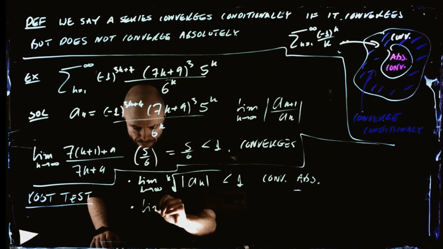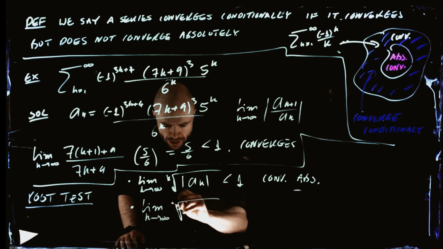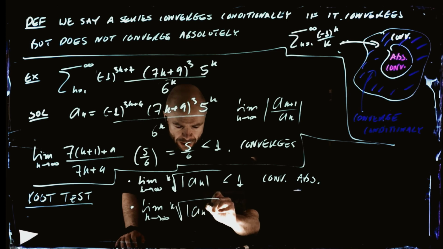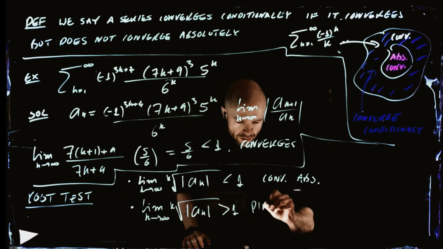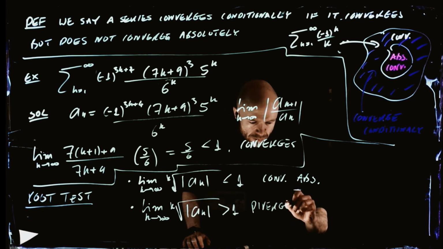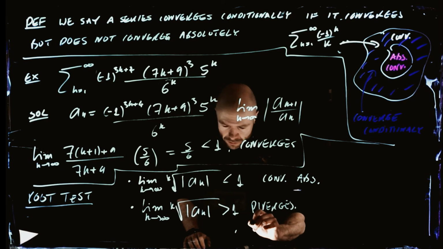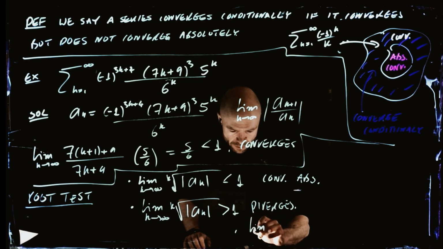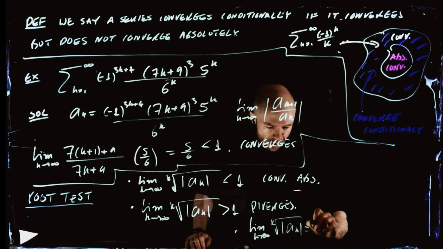If the limit as k goes to infinity of the kth root of a_k is bigger than 1, it diverges. And finally, if the limit as k goes to infinity of the kth root is equal to 1, then nothing.